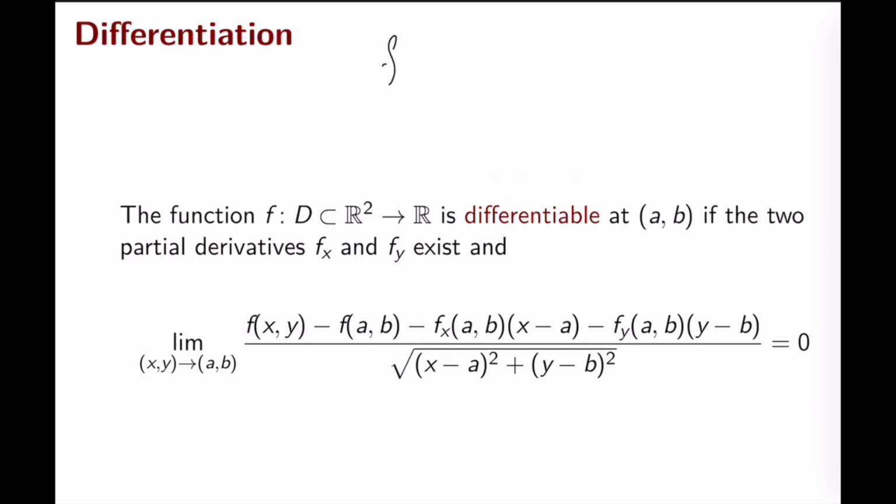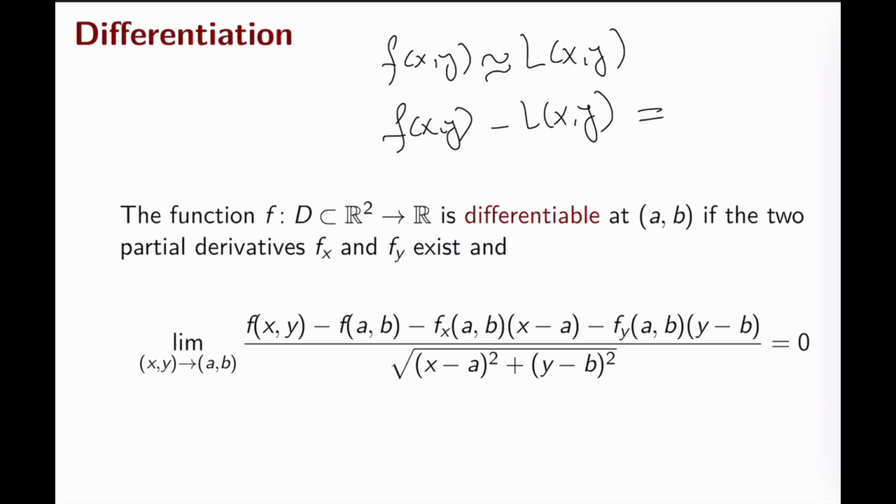So we said before that the function is approximately equal to the linearization, but not exactly equal. The difference between the two is what is called the error. So f of (x, y) minus the linearization is what is called the error at the point (x, y). So what we want is for this error to be very small.